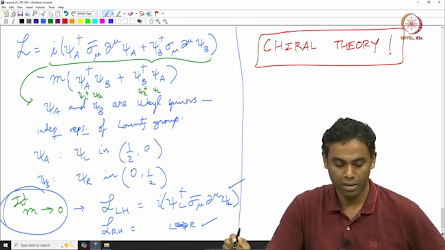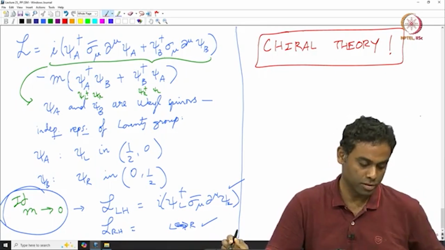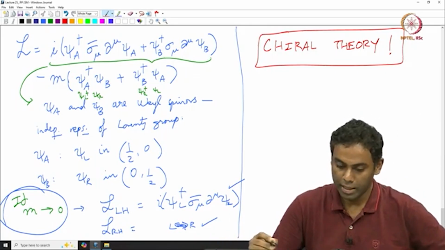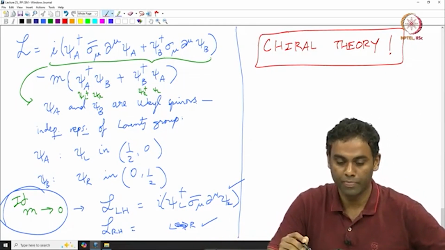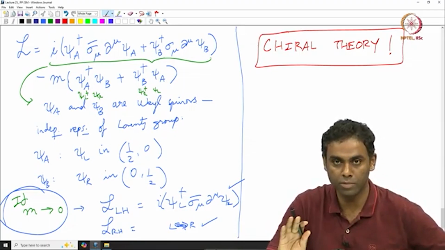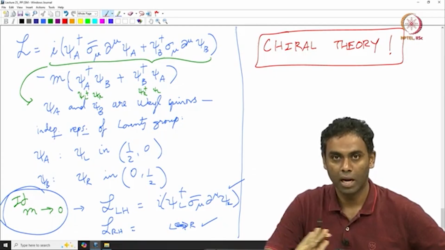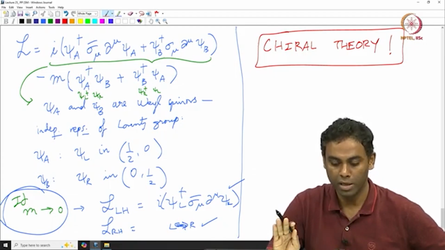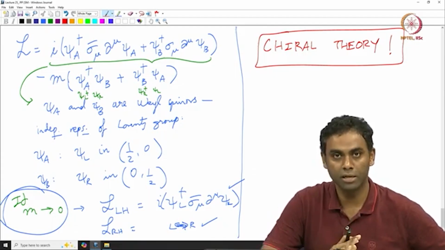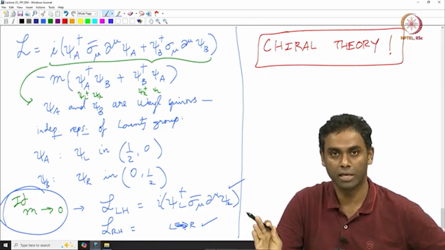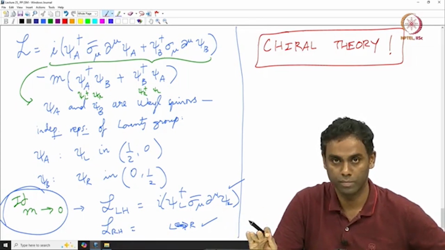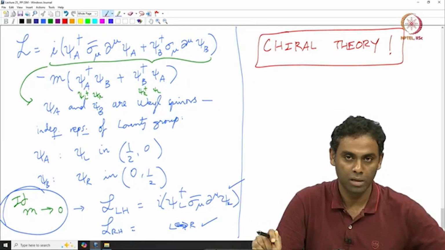So what is one consequence of this? Suppose I am working in a theory where the fermions have no mass. Since the left and the right handed spinors are independent, it is completely up to me to charge the left handed states and not charge the right handed states under some force, or vice versa.